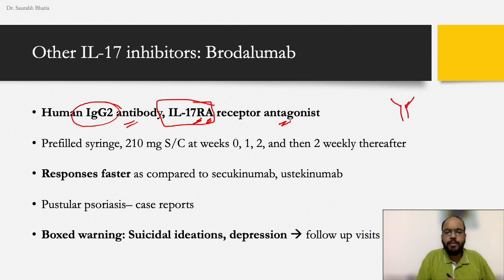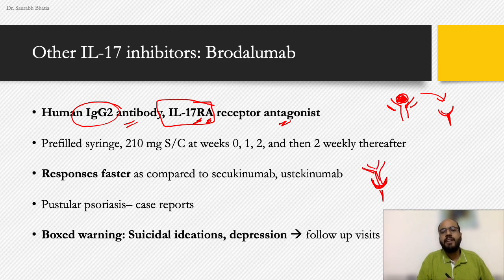What Secukinumab was doing is binding the interleukin 17 and not allowing it to attach itself to the receptor. That is how Secukinumab was acting. What Brodalumab does is it attaches itself to the receptor and then prevents the interleukin 17 from acting. So now you get the point.